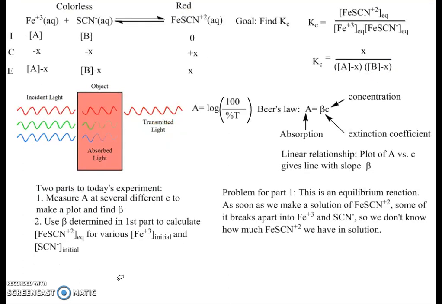There's a little bit of a complication for part 1 that people sometimes get confused by, and we need to talk about this. And that problem is that this is an equilibrium reaction.